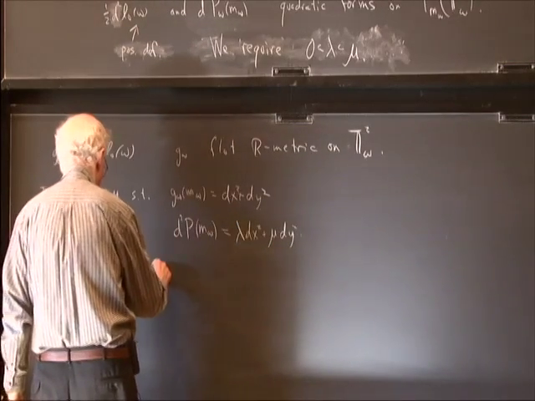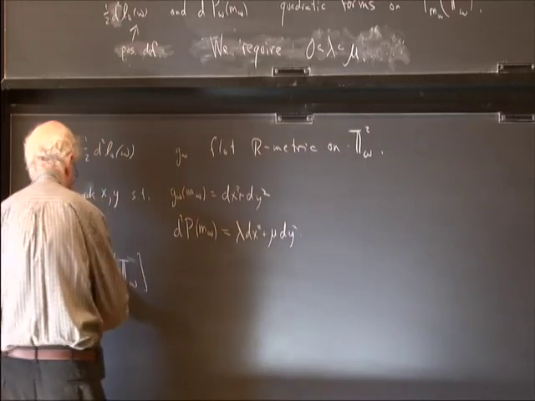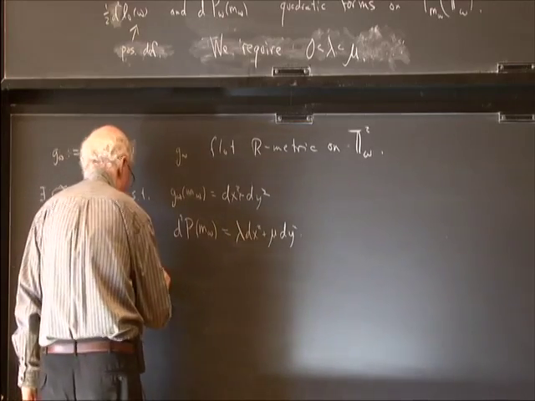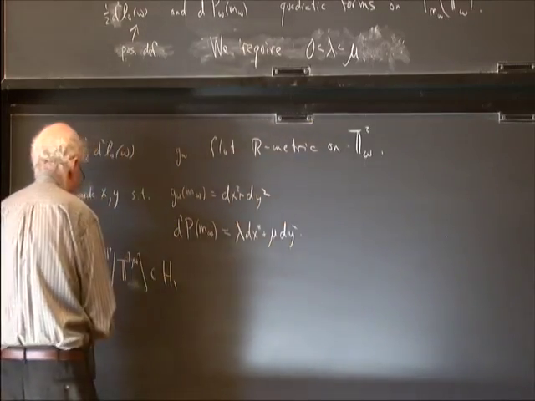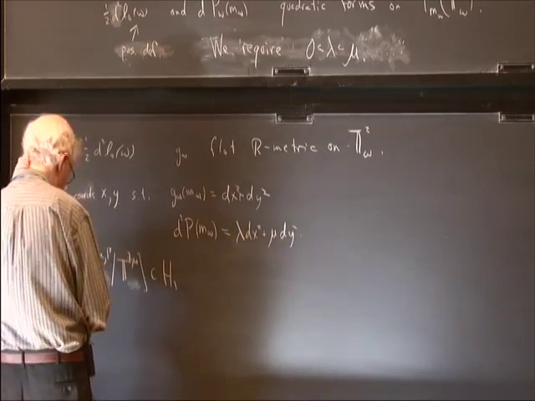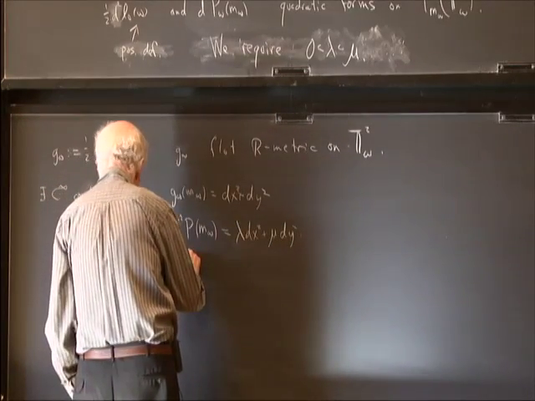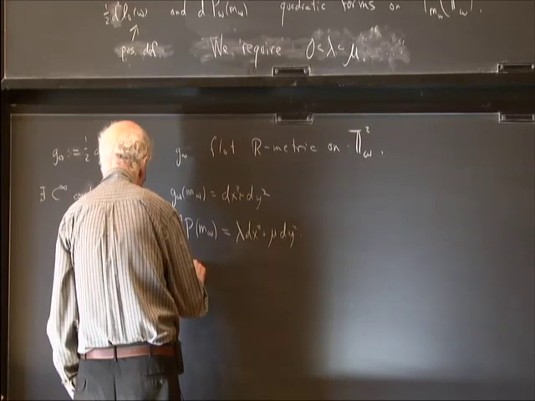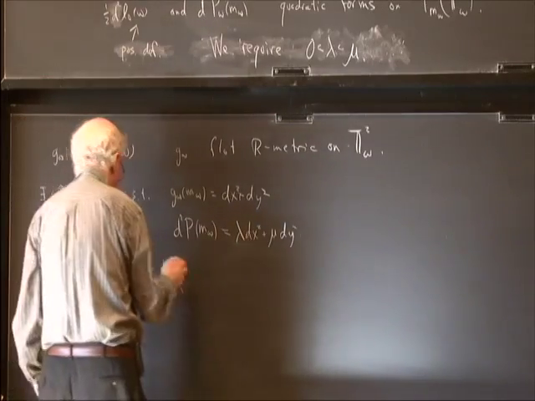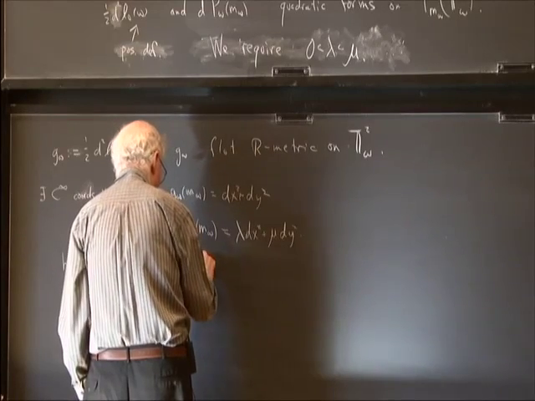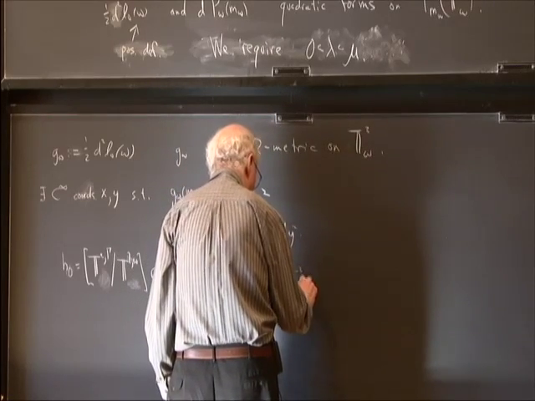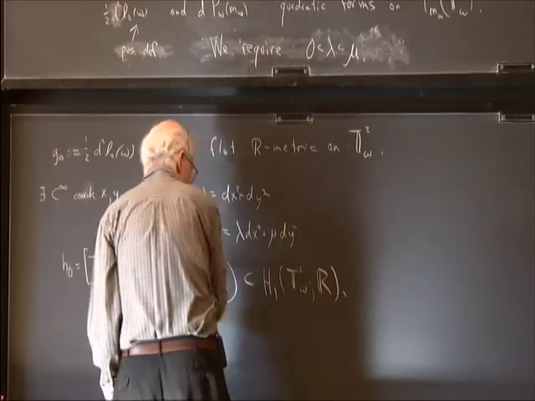So this is contained in T2 gamma divided by T1 omega, which is contained in H1 of T2 with coefficients, which is contained in H1 of T2 omega with coefficients in R. So normally I think of this as a class in here.